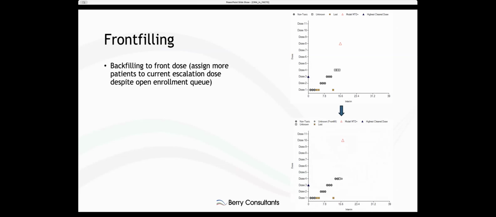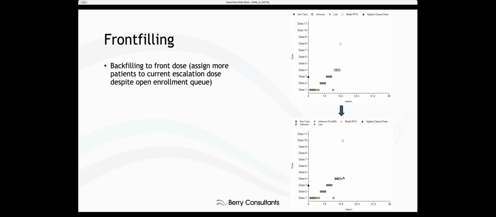Then at the time the next patient arrives, there's only 1 patient on dose 4 where we don't have their results. And we specified before with the open enrollment queue lengths that we would in theory be happy to assign 3 patients simultaneously at the current escalation dose. So that would allow us to assign another patient to dose 4, as you see below here with this other type of star.